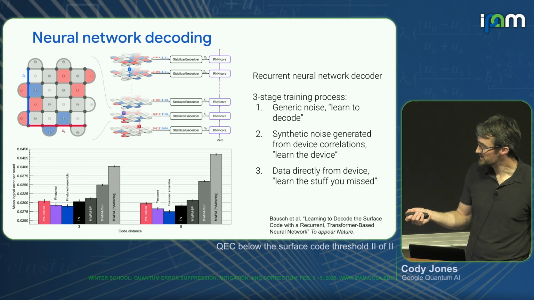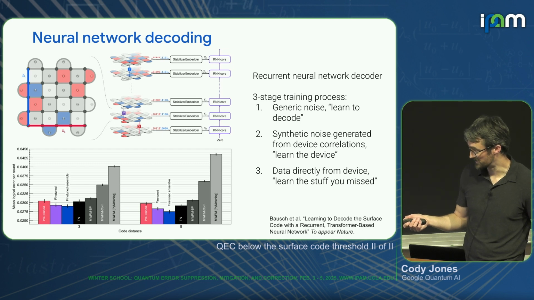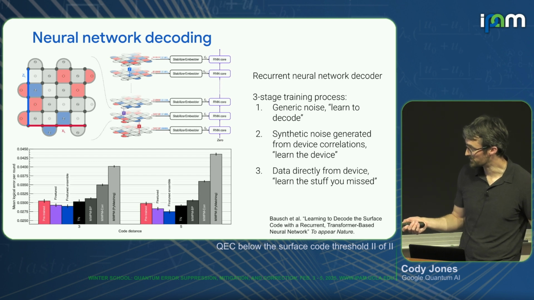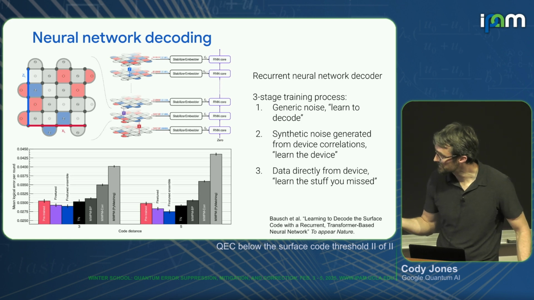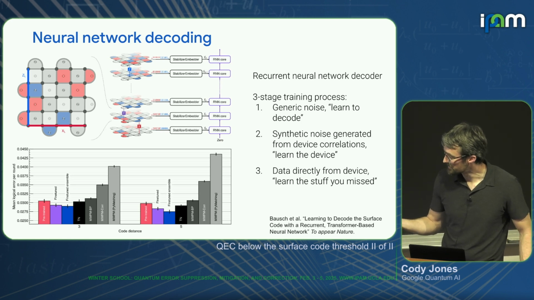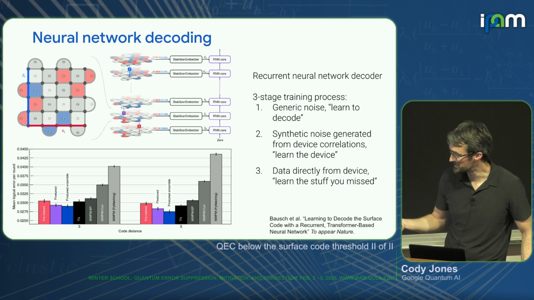And so this is data from the 2023 experiment, where we didn't have the neural network decoder when we did that experiment, but we analyzed it after the fact. The data's online if you want to go find it. Run your own decoder. The point is that anything that starts with an M over here, these are matching decoders, variants of matching decoding.